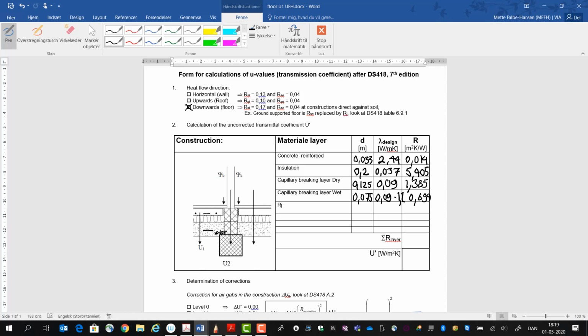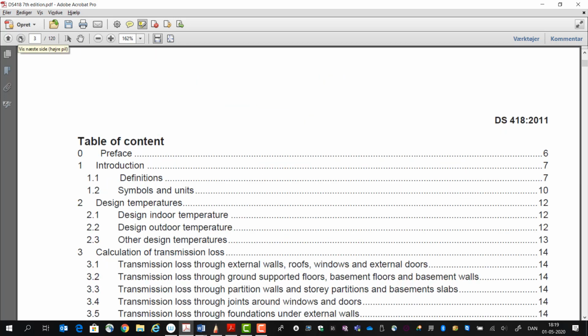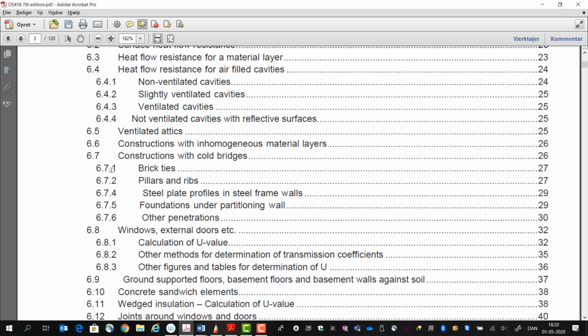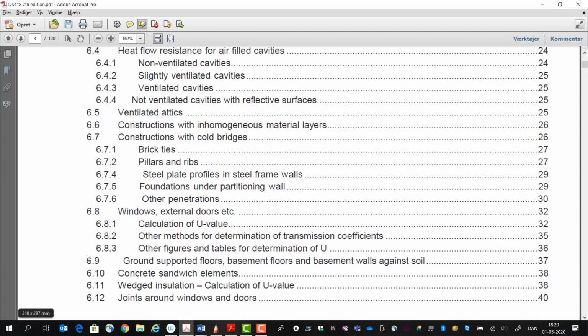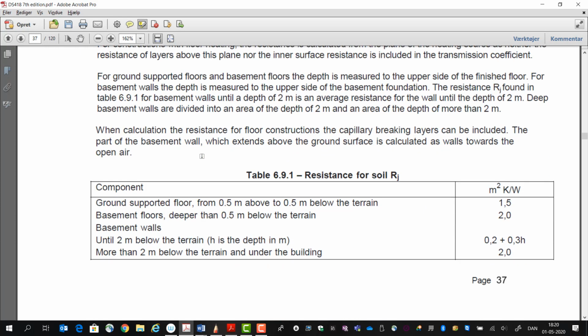If we go over here to DS 418 and we go to the table of content, and then we have it here where we have ground supported floors, basement floors, and basement walls against soil. So 37. And here we have this table here.